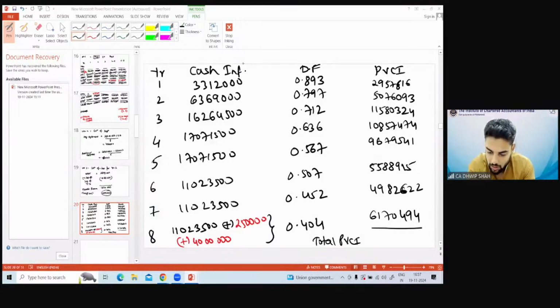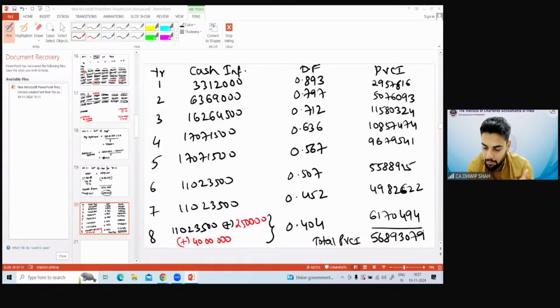What are you calculating all? The amount is 568,93,079. This is total PVCI. How you are getting different figures, I don't know.